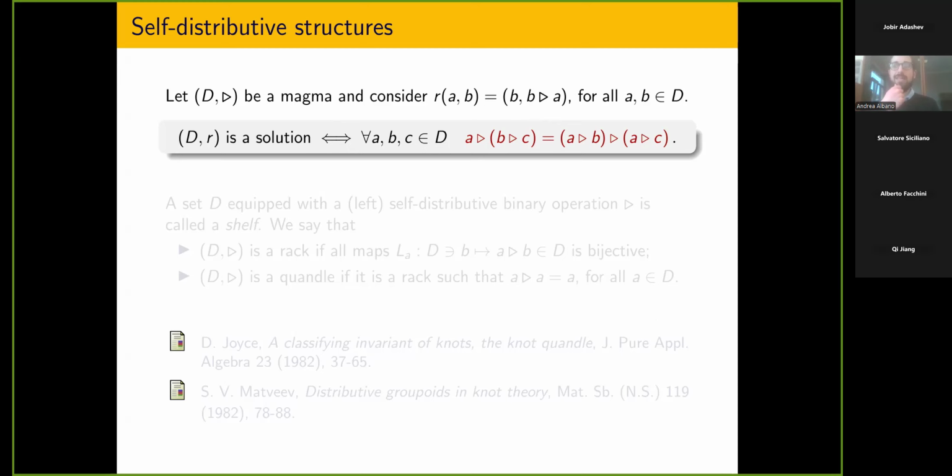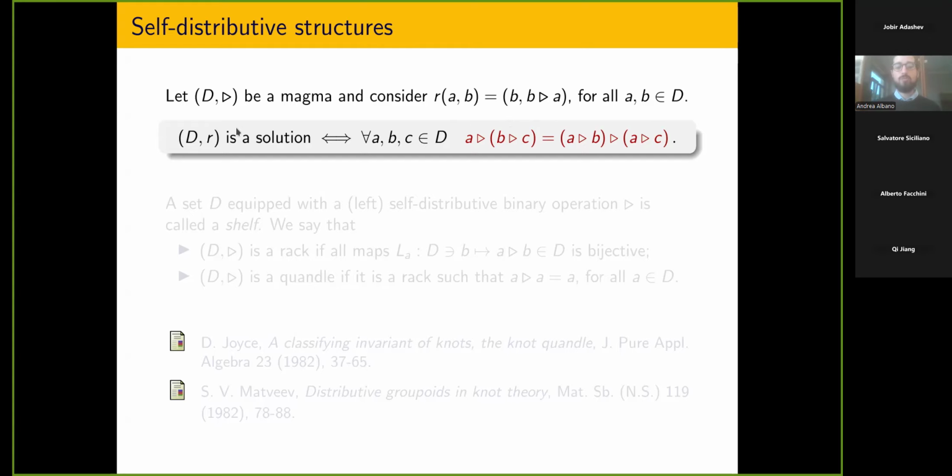I should say a left self-distributive identity, since as in the case of left Leibniz algebras, we can easily understand a right version of what I'm talking about here. But of course, the two theories are equivalent, as before, so I will just use this left version.